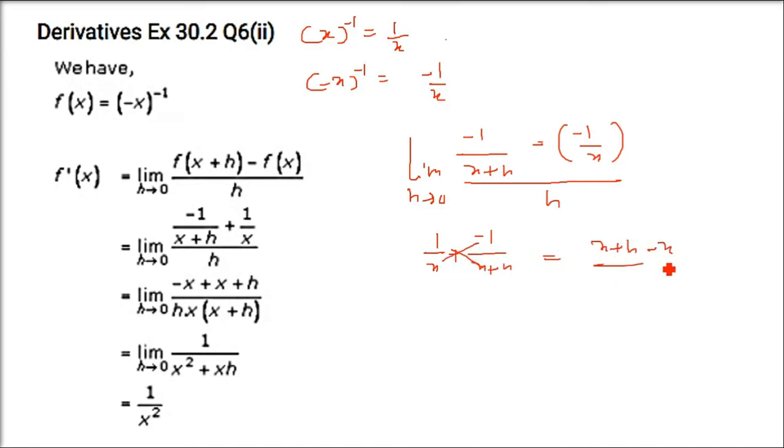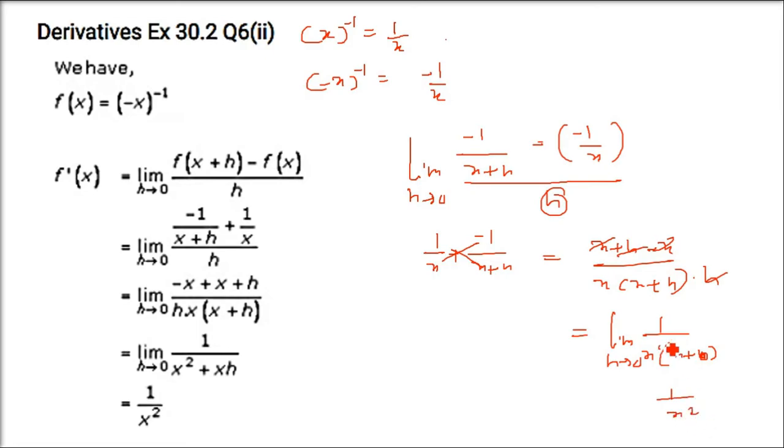This is (x plus h minus x) by x into (x plus h). X cancel. You already have this h in the denominator. Take this h, cancel it. So we have 1 by x into (x plus h). Now apply the limit h as 0. You have 1 by x square. So this is the final result.